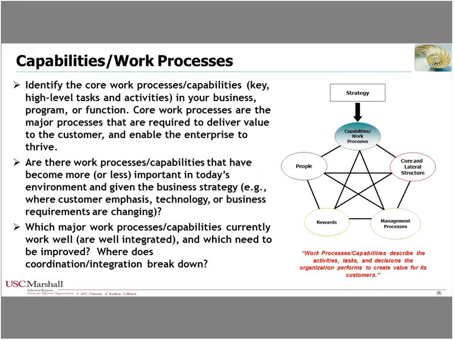The second one, at the top of the star, is work processes and capabilities. And let me just talk about work processes to begin with. Work processes are the activities the organization does that add value. So each organization takes in some kind of energy, resources, labor, capital, ideas.